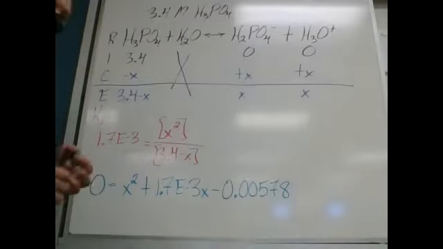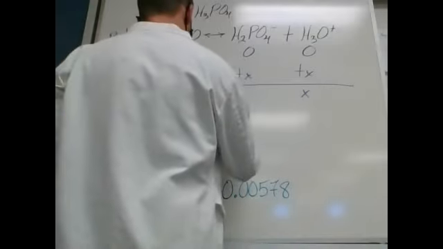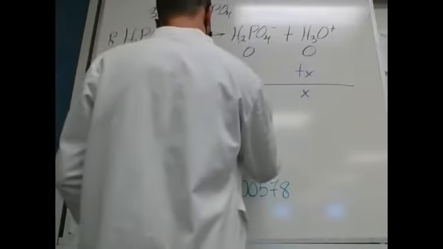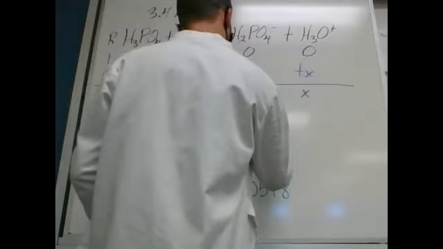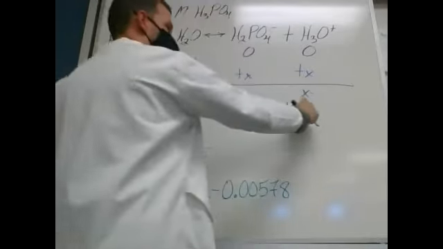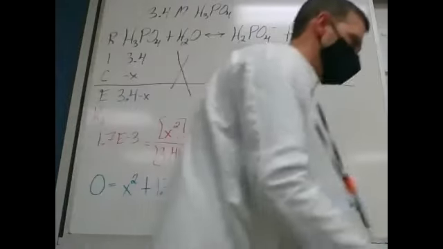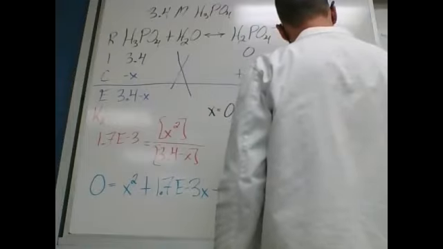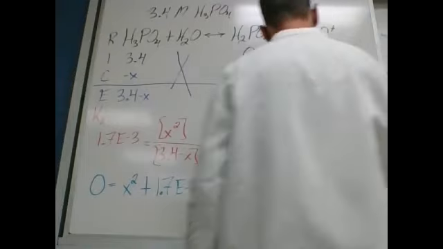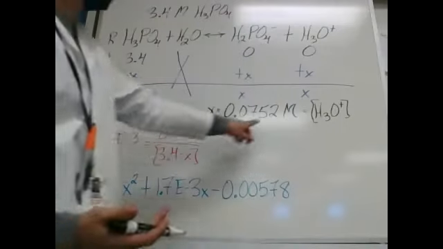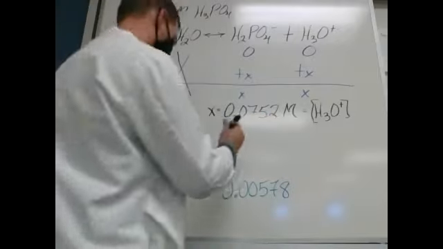You put that into the solver, and you'll find that X is equal to 0.0752. This X is the molarity of the H3O plus. That's really nice because that's a strong sample.